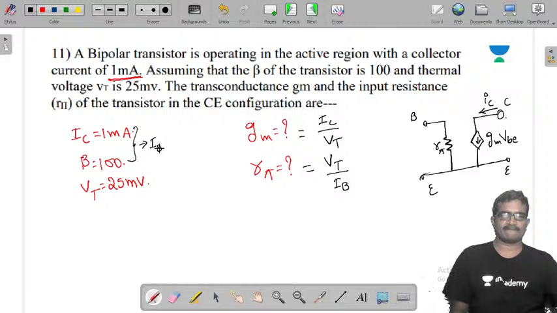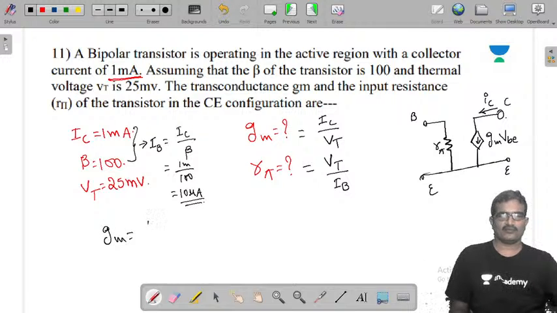IB is IC by beta. So it is 1 milli by 100, which is 10 microamps. Therefore GM is 1 milli by VT, 25 millivolts.